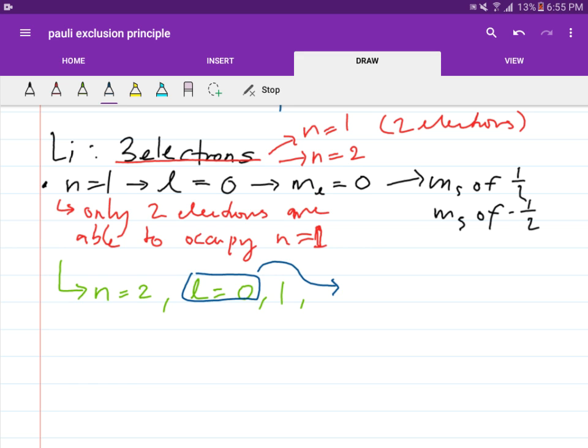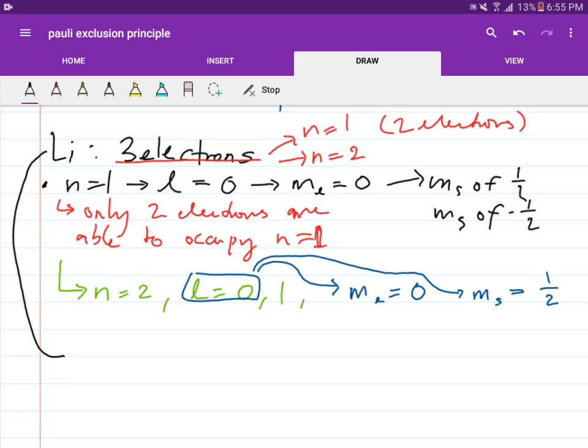It will only have ml equals 0, and it will only have ms, the spin, to be positive 1/2, not minus 1/2.